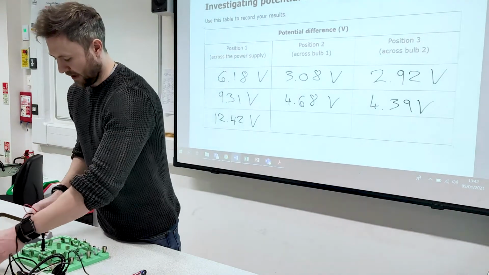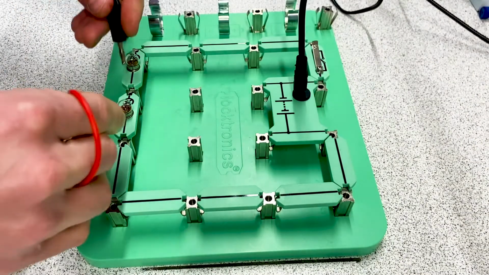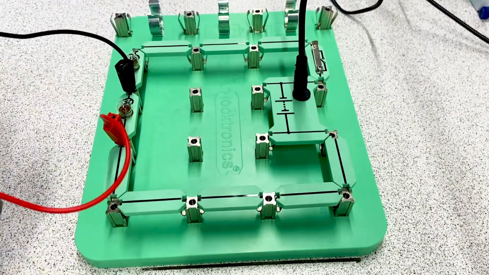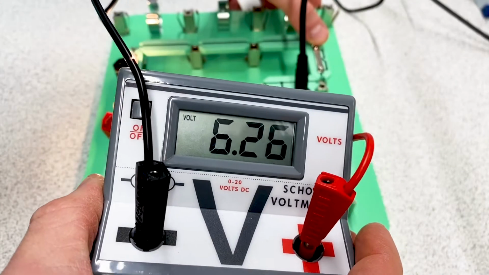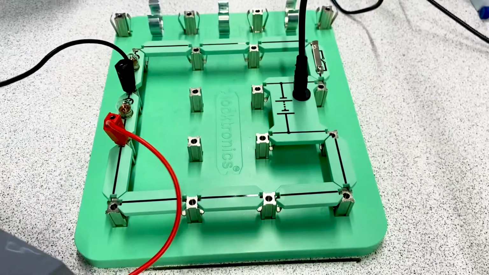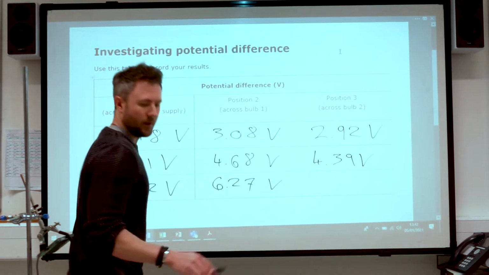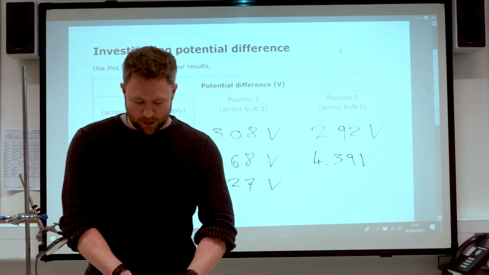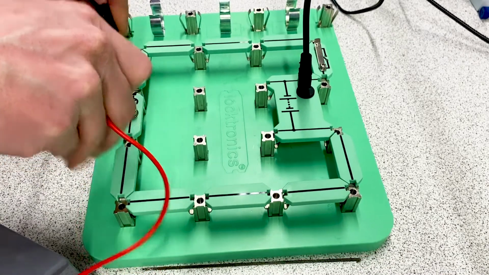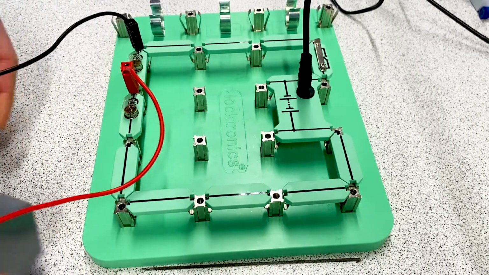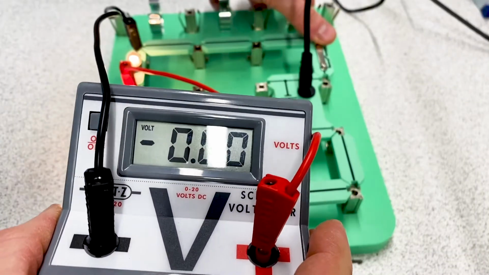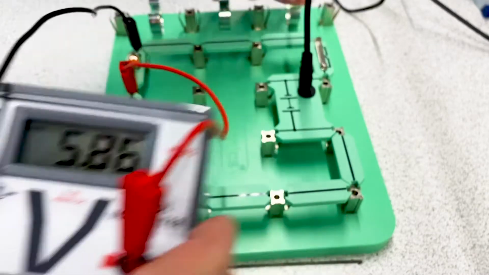Same as before, we're going to connect it across our components. Complete the circuit. 6.27. And the last component, the second lamp, our last reading. Complete the circuit. 5.86.